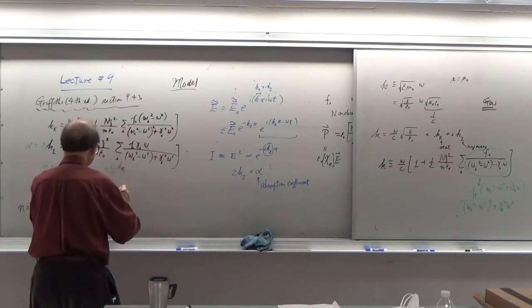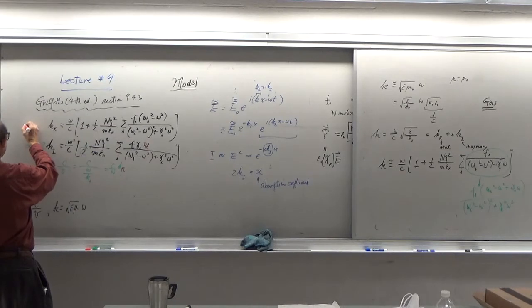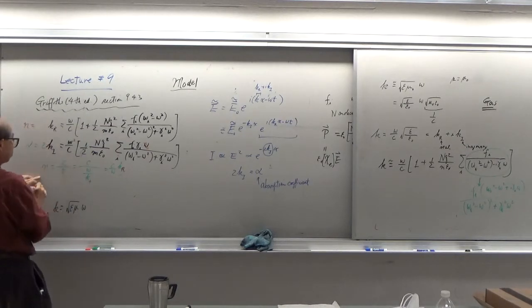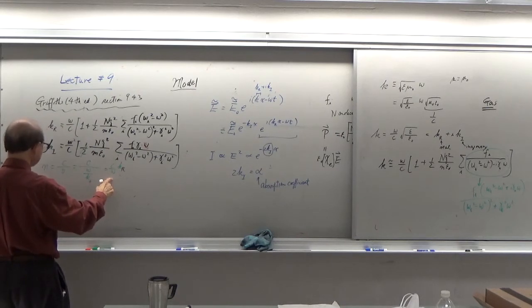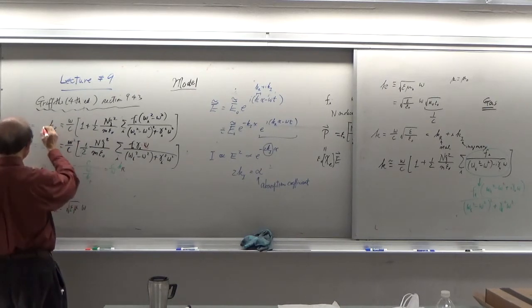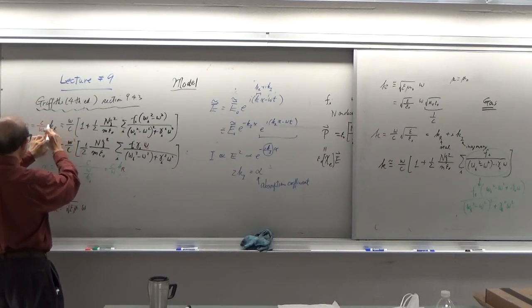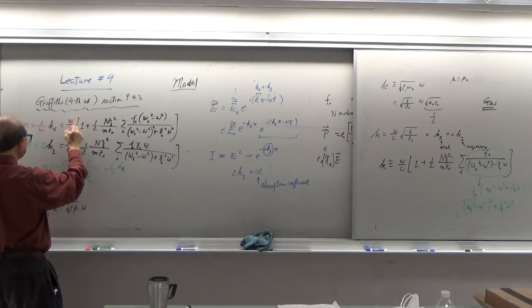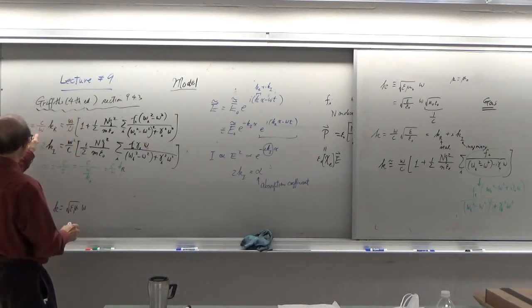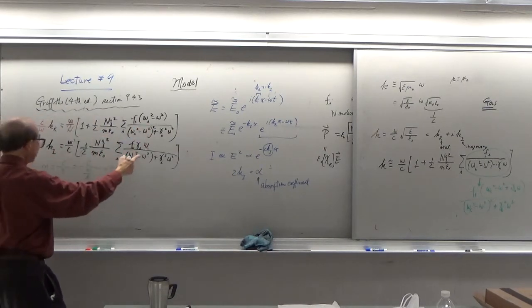So, okay, let me write down n, the index of refraction is equal to c over omega times k real. When c and omega cancel this, it's that. So the index of refraction is given by this, whereas alpha is given by that.